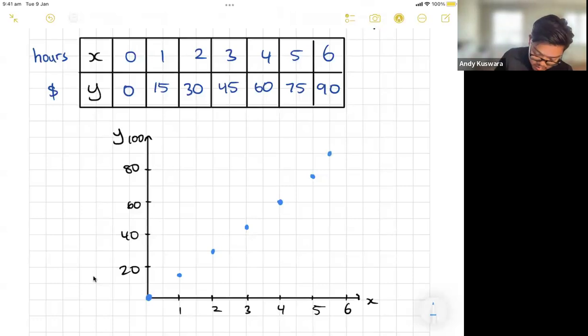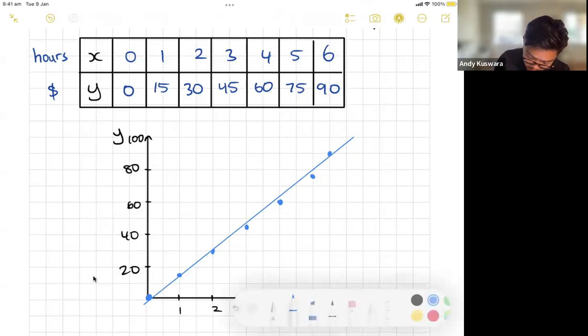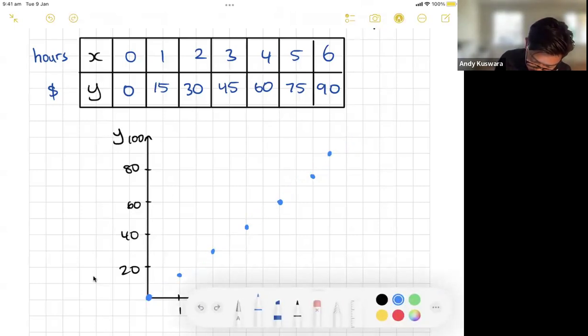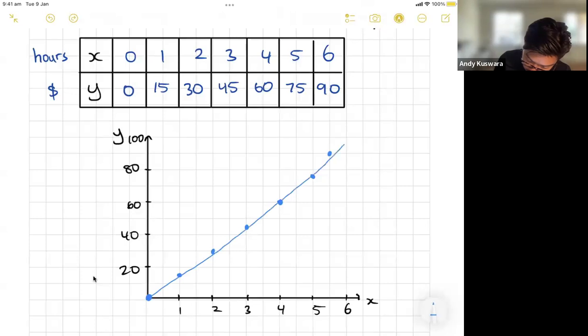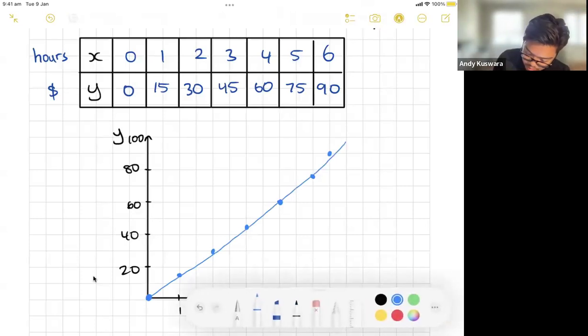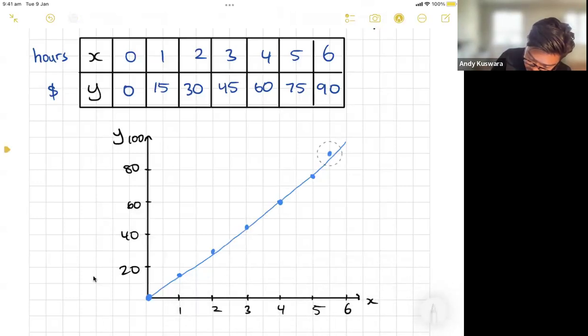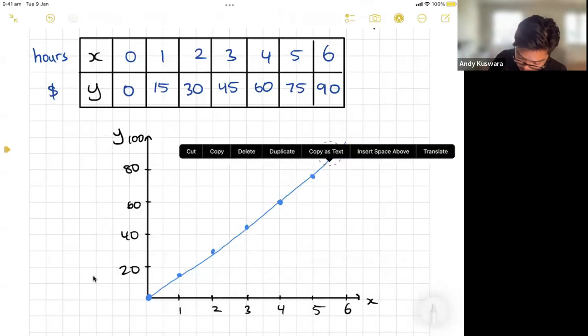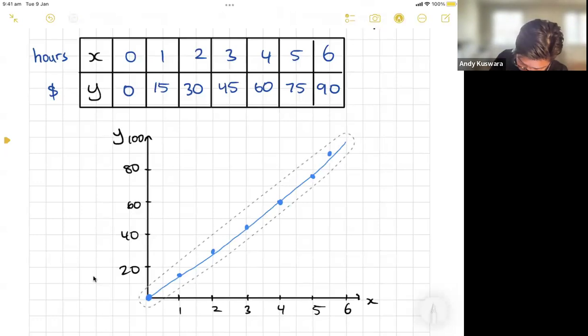And so you can see here, if I've done this well enough, they should be on the line. It's close. I'm going to try one more time, see if I can fix it. Now, it's not perfect, but what should have happened is my 6 should actually be all the way up here. My 90 should be somewhere here.